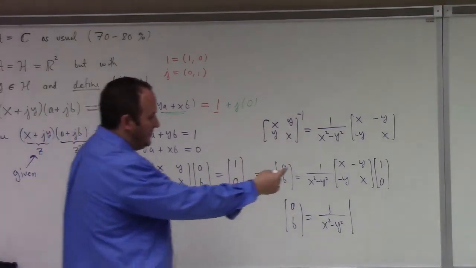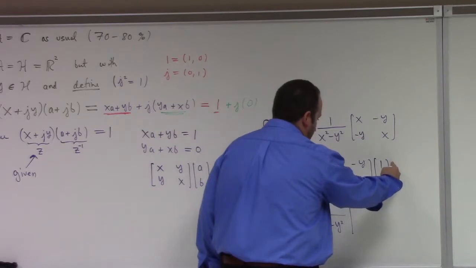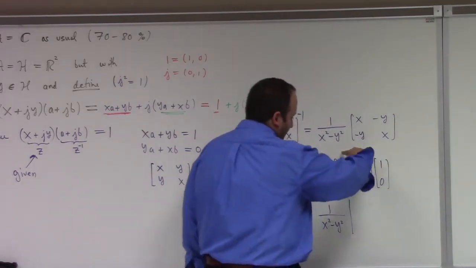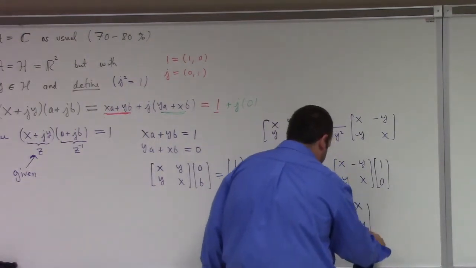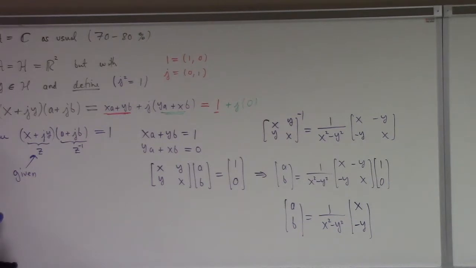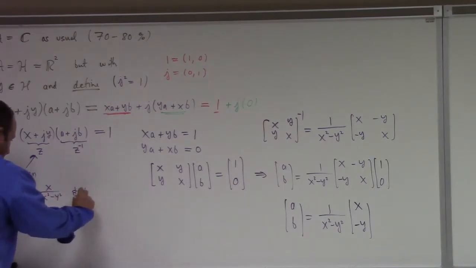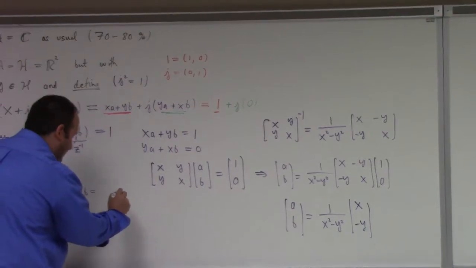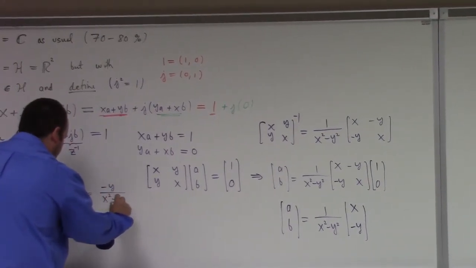What does that work out to? You may or may not know how to do this. I'm happy to talk to you about it in office hours if you don't know how. So this matrix times that column vector gives me an x, and then I got a minus y. So in summary, we found a is equal to x over x squared minus y squared, and b is equal to minus y over x squared minus y squared.